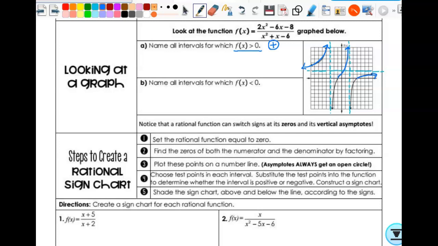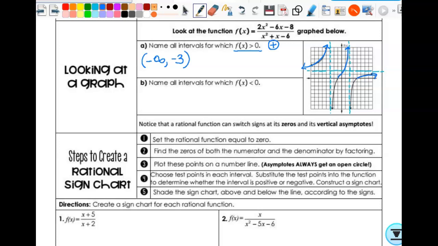All right, so it starts being positive out here at negative infinity. The function remains positive until we get to -3. I never include my infinities. I'm also not including -3 because that is a vertical asymptote and I can't reach it anyway.